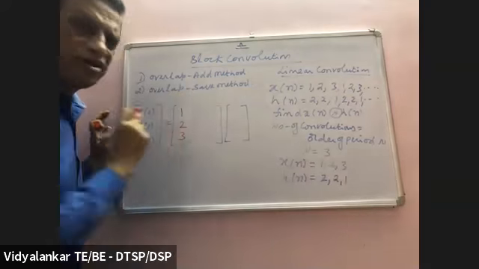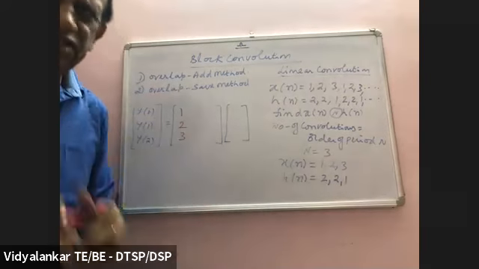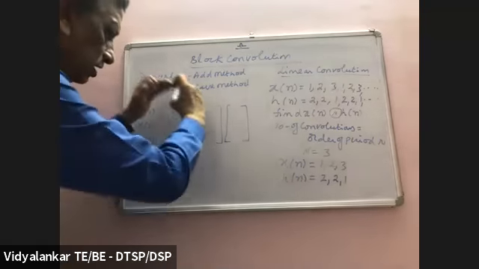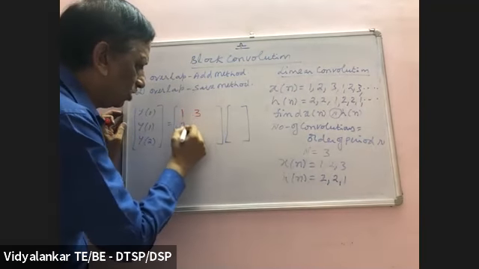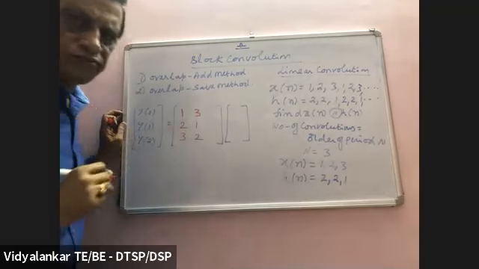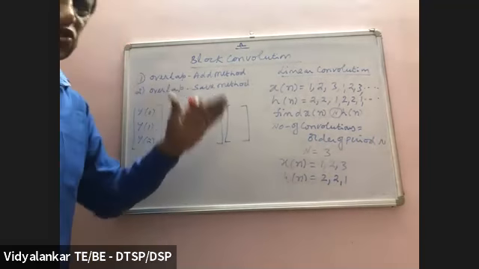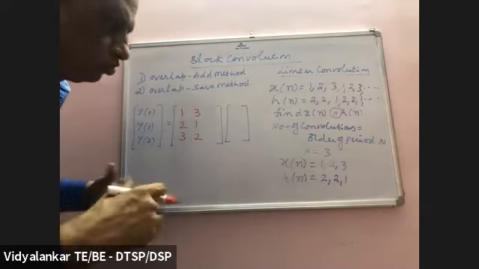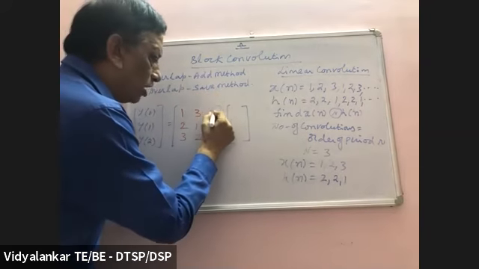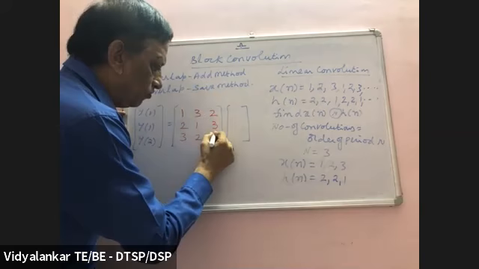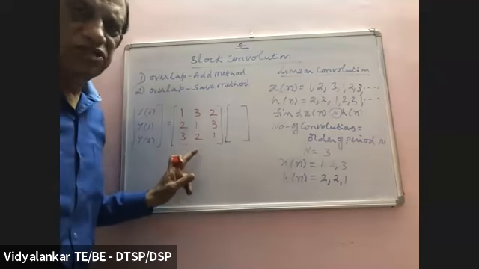These are taken in the first column. Then rotate this column. Rotate in the sense that the last value goes to the first. 3 will go to the top, followed by 1. Again rotate till the square matrix is prepared. So when we rotate further, 2 will go up, followed by 3. Now it becomes a square matrix.